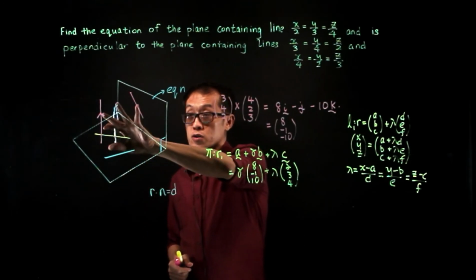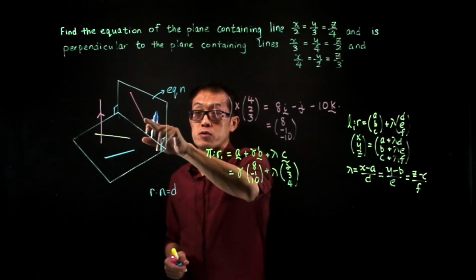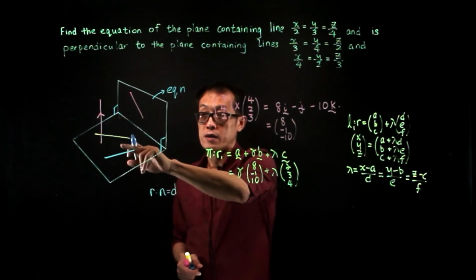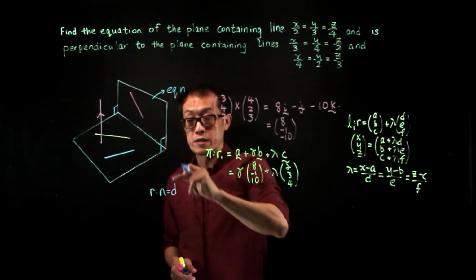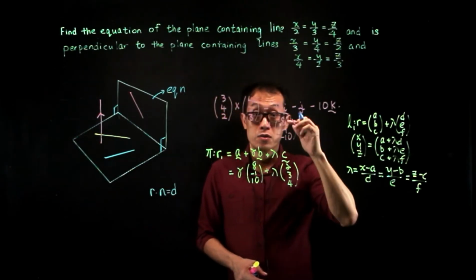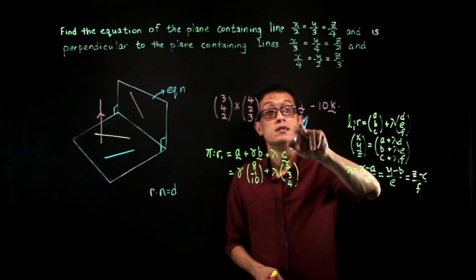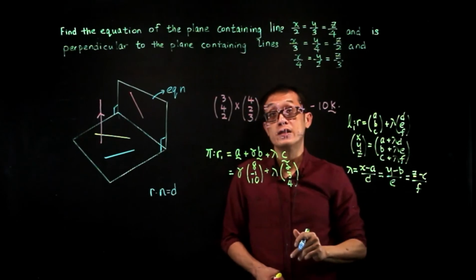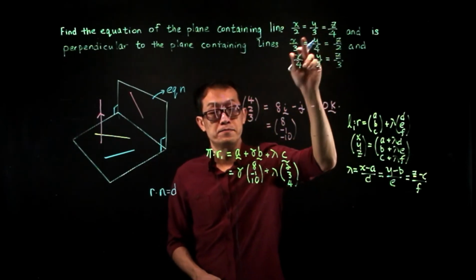You can cross any two vectors that are parallel to the plane to get the normal. So this is one vector, this is another one. So we cross this and the direction vector of this line.